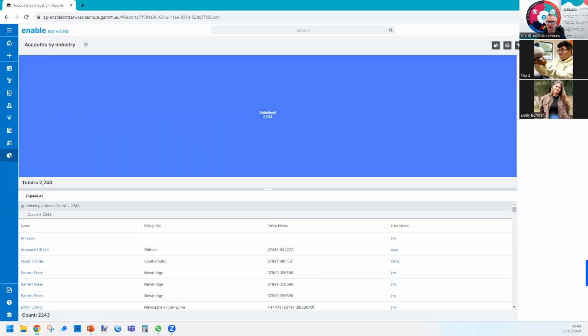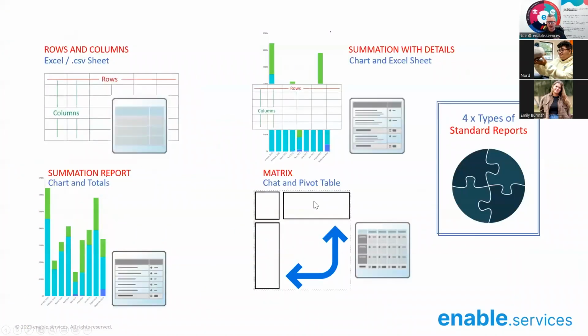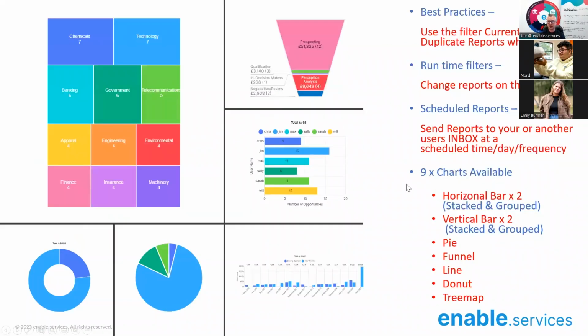Okay, so what we've just been looking at is 4 different types of report. That's the rows and columns, summation with details, summation report, and the matrix report pivot table. 4 different types. Best practices. Okay, so if you're using a filter condition where you're looking at particular users, rather than having to create separate reports for separate users, use a current user.